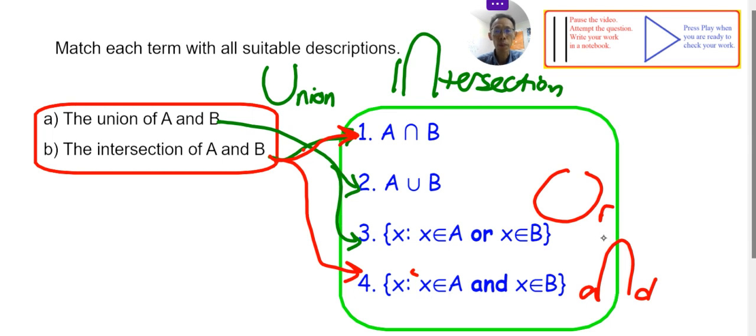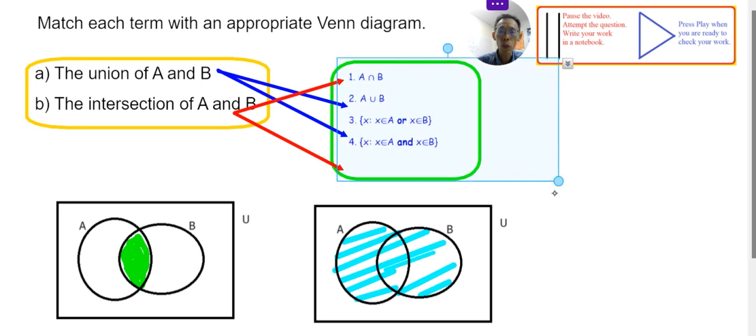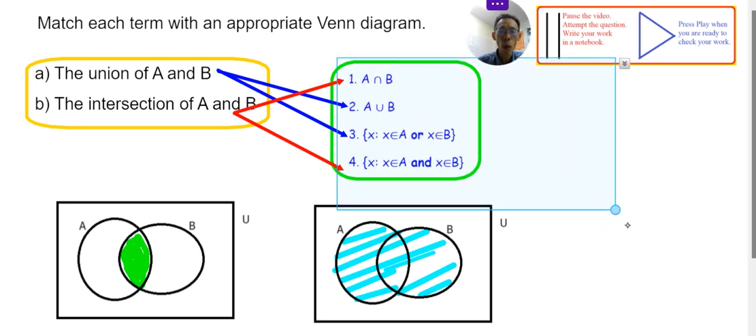Okay, so next one. Match each term with an appropriate Venn diagram. I already did that for you previously, and we need to check the Venn diagram. Remember the definition above. Okay, this means it's both in A and in B. So both in A and B means this one is for intersection.